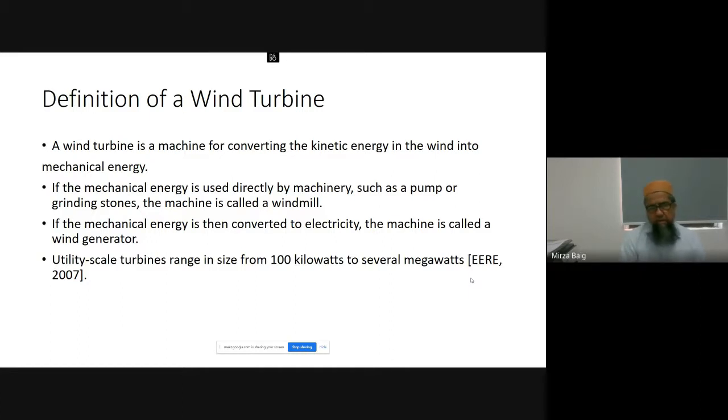Later on, it started to be used as an electricity system to harvest the energy from the wind and convert that into electrical energy. Normally, if you look at the size of commercially available wind turbines, they range from 100 kilowatts to several megawatts.